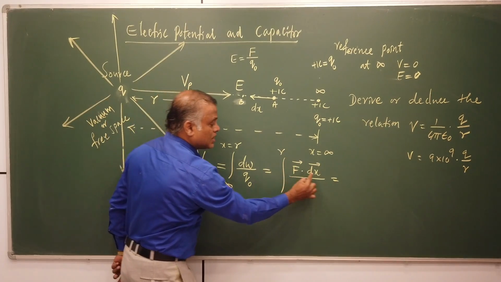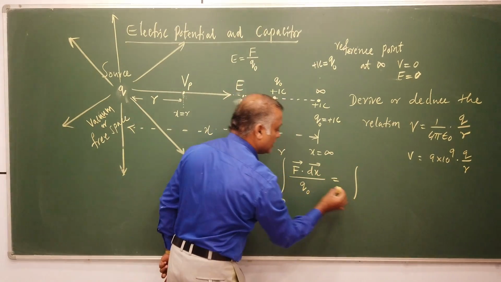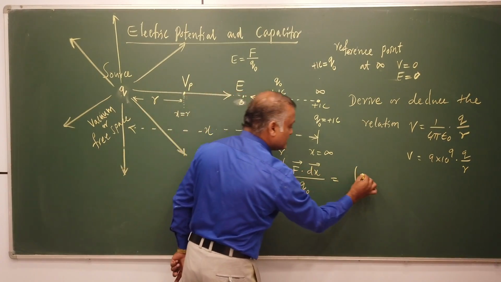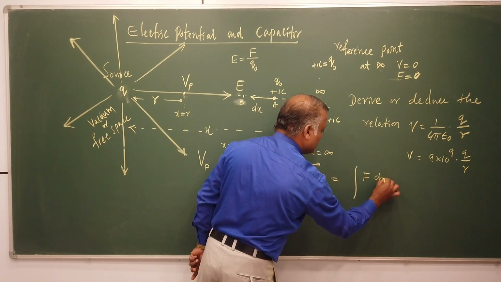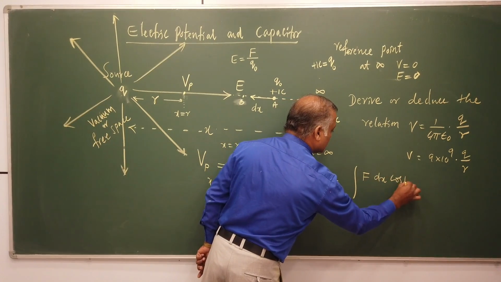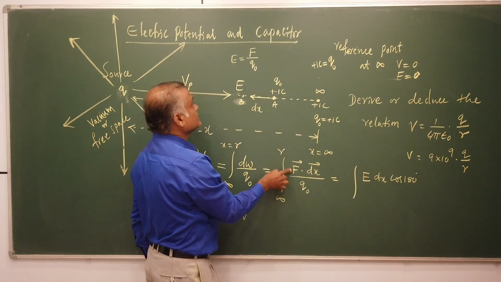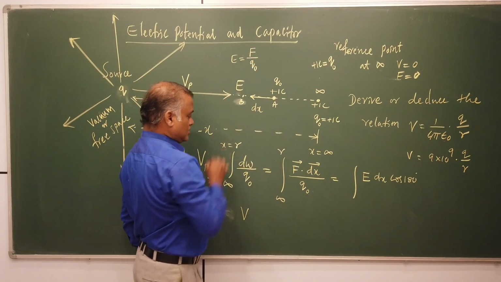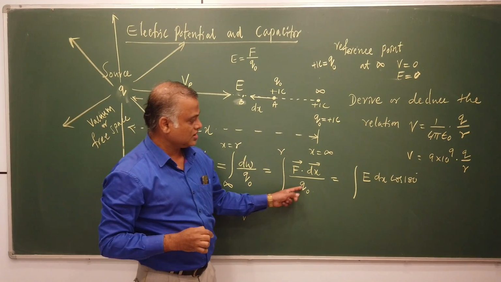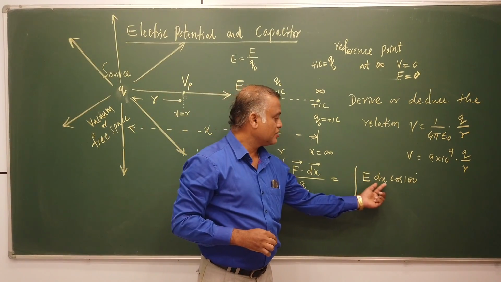Expanding with the dot product formula, that is F into dx into cos 180, divided by Q naught. F by Q naught is E, so E into dx.